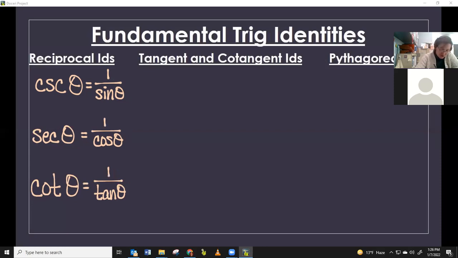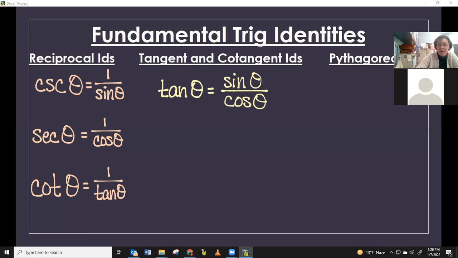And then we have tangent and cotangent identities. Tangent theta is equal to sine theta divided by cosine theta.